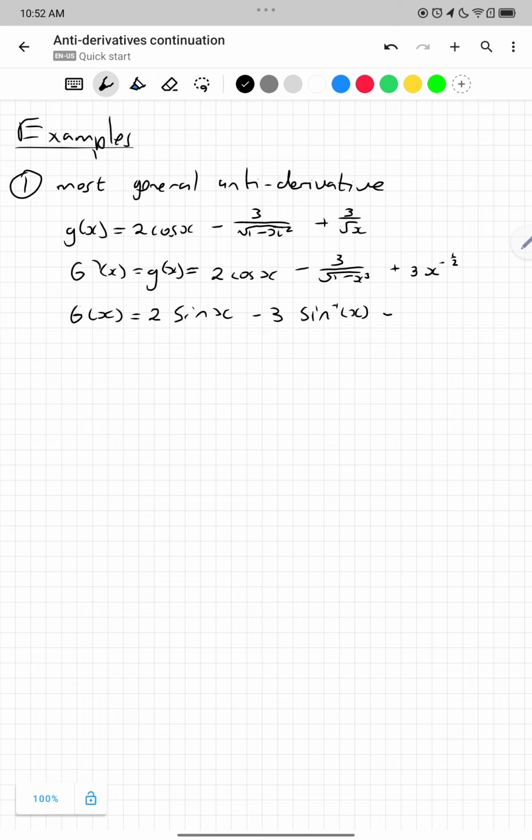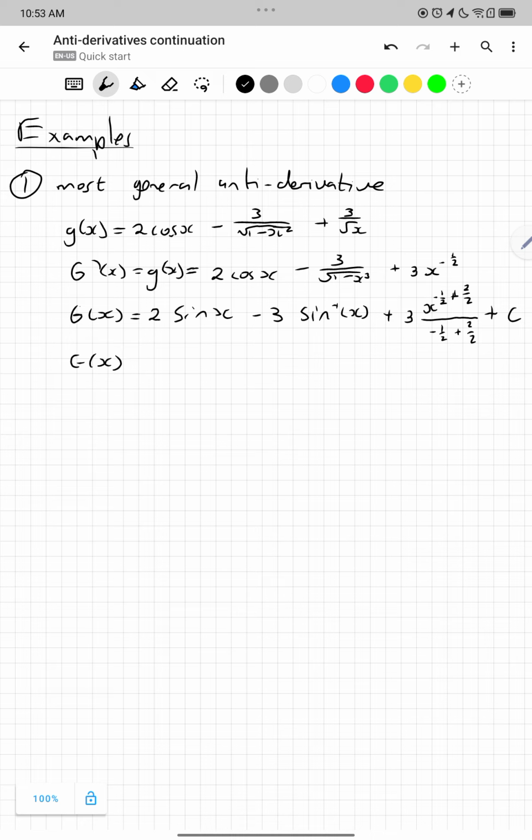And then with this one, constant on the side, I just say negative 1 over 2 x to the negative 1 over 2 plus 1, which is 2 over 2, all over negative 1 over 2 plus 2 over 2. So plus c, since it's the most general antiderivative.